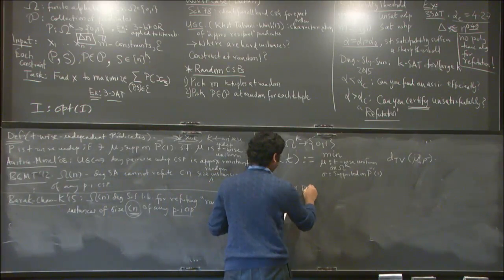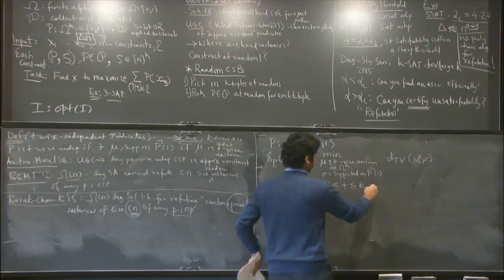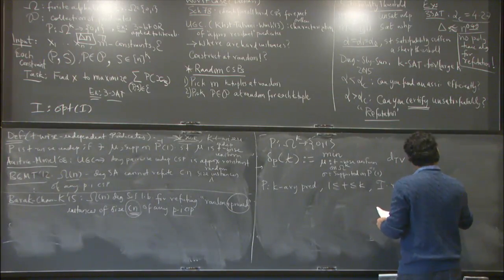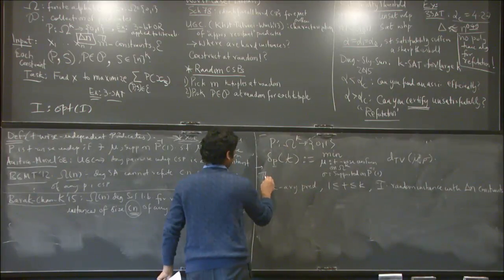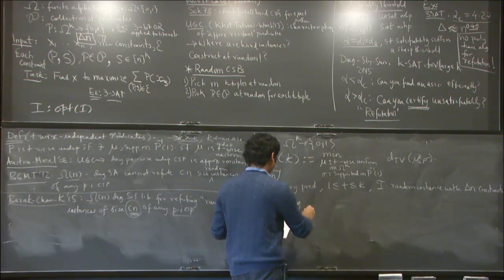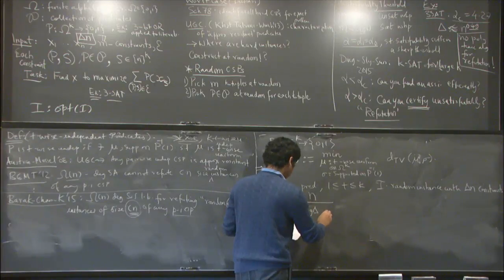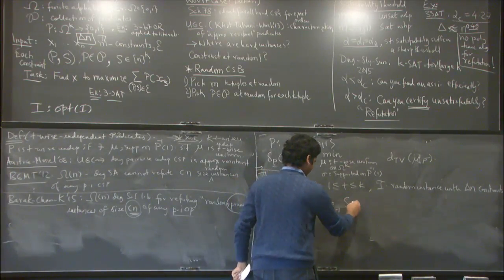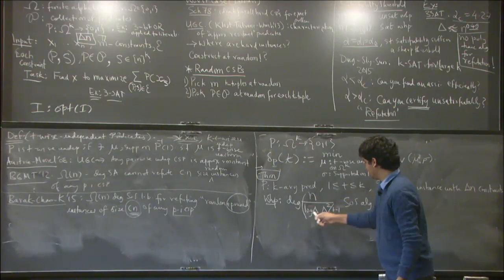Okay, so if P is a k-ary predicate, t is some parameter between 1 and k, and I is a random instance with δn constraints, then with high probability the degree (n over log δ)^(2/(t-1)) sum of squares algorithm fails to refute it.